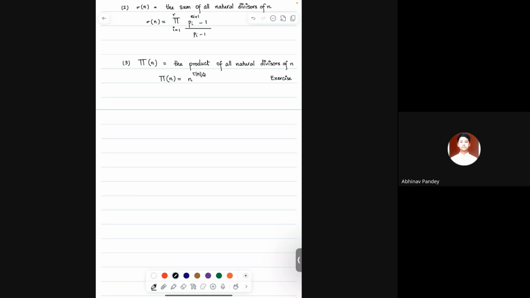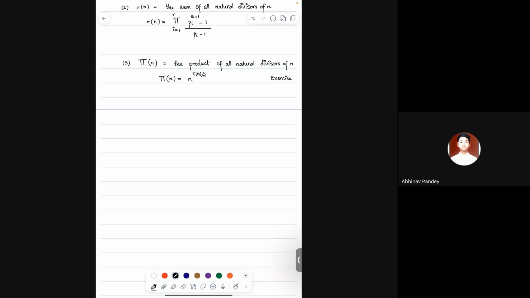Ma'am, shouldn't pi of n be n to the greatest integer function of tau n by 2? Sorry, I can't hear you very clearly. The greatest integer function of tau n by 2, the greatest integer less than or equal to tau n by 2. You want the floor function?